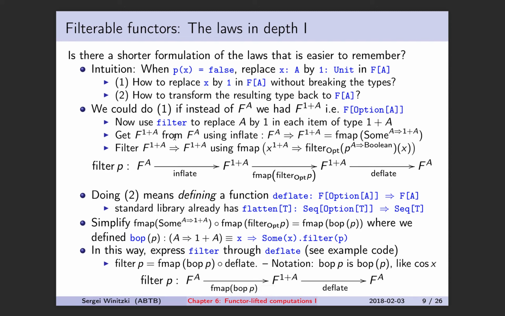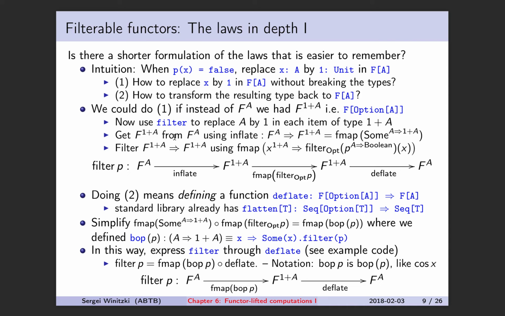As the second part of Chapter 6, I now consider the laws of a functor that is filterable and try to formulate them in an easier way, because there are 4 laws and there doesn't seem to be an easy way of understanding why there are 4 laws and not 6 or 14 laws.